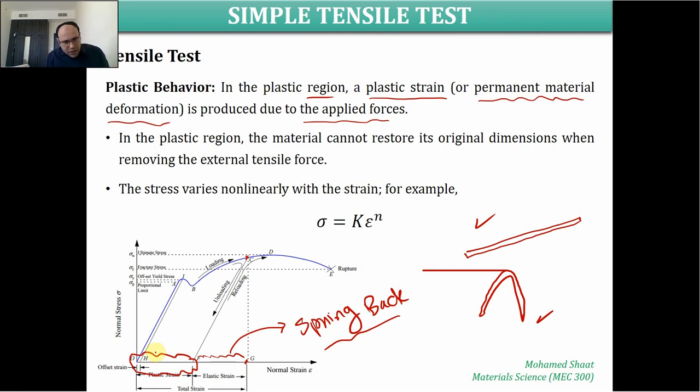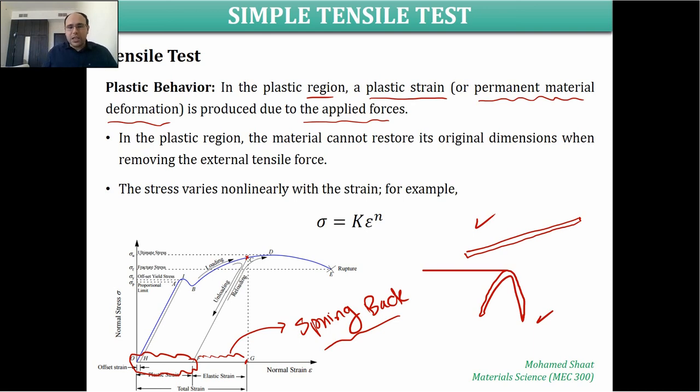This amount of strain that we can measure from that curve is going to be counted as permanent deformation or permanent change in the shape over the original shape of the material. So this is a typical example. What does spring back mean? It depends on the elasticity that is stored within the material and the plastic strain or the permanent change in the shape of the material within the plastic behavior.